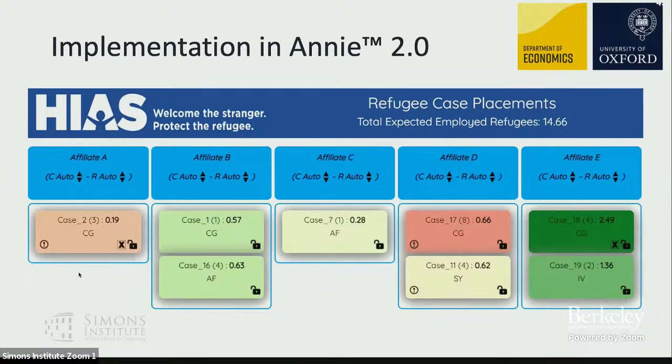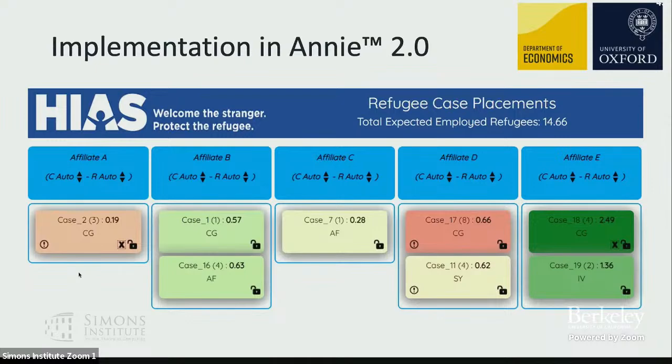Blue boxes are the affiliates, and the differently colored boxes are now all the families, colored in a slightly different color. And the reason is that we're trying to convey to Karen, when she's doing this placement, that you can't just take the family's employment probability today when you're placing a refugee.